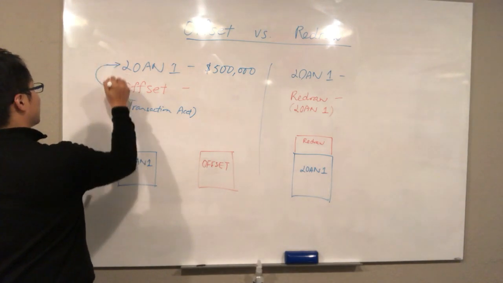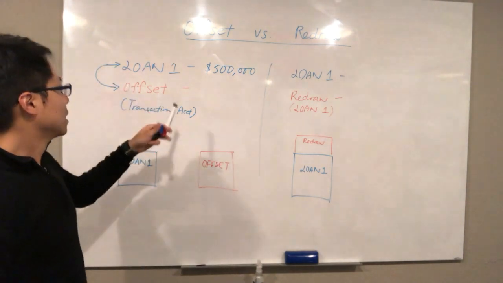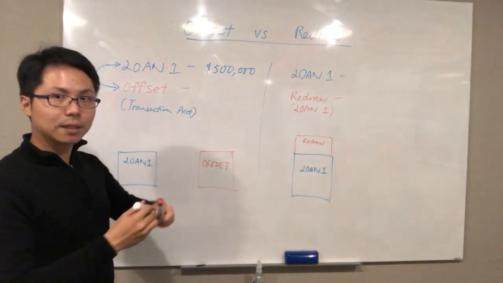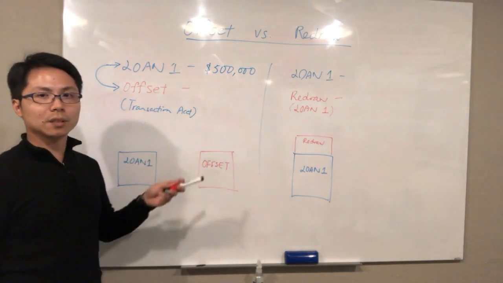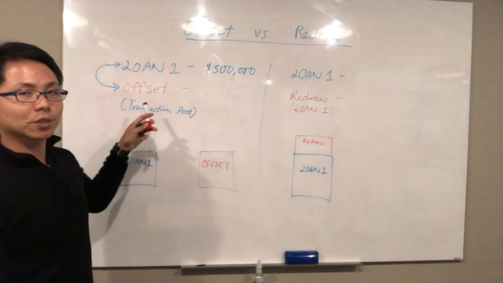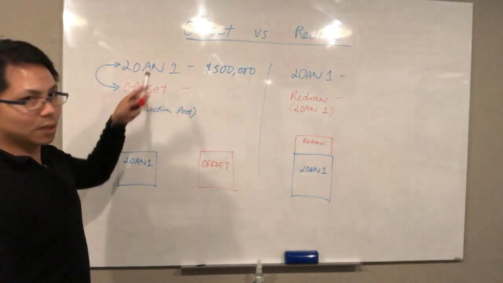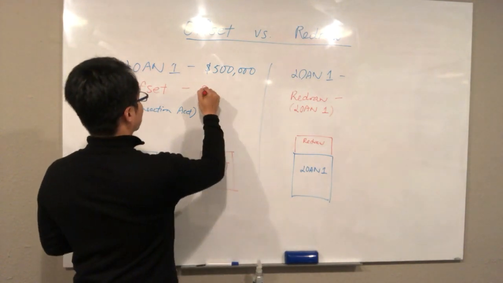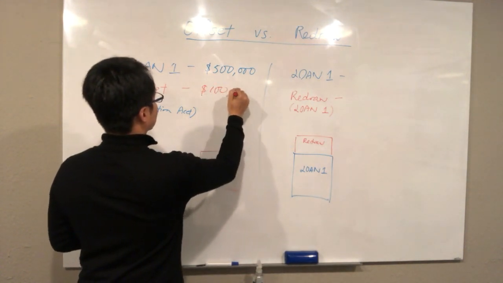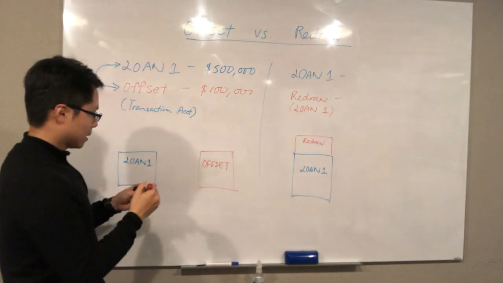So you can put a line there to say that's been linked. The offset facility can be attached onto a transactional or a savings account. So if you've got a savings account today, that can potentially be turned into an offset which links to loan one. And say, for example, we've got $100,000 in the offset account.